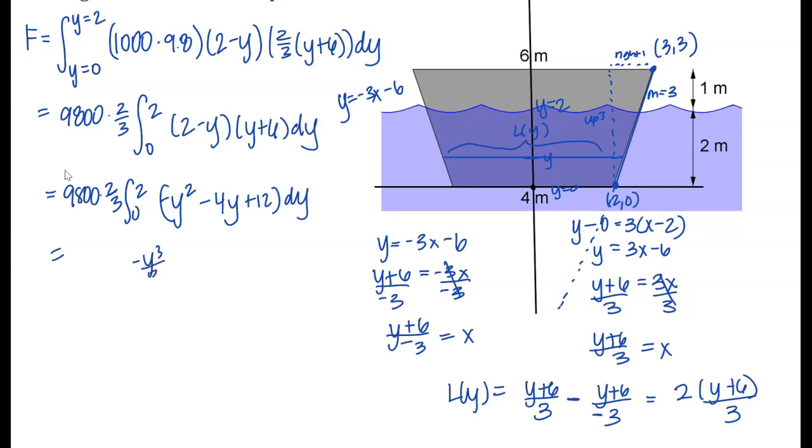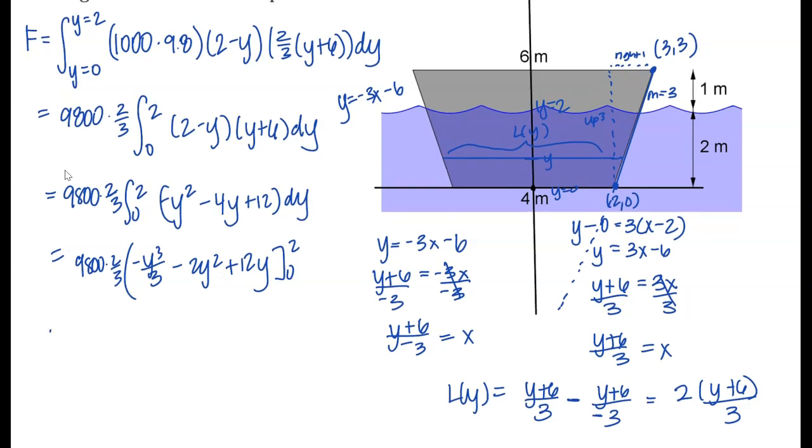So negative y cubed over 3 minus 2y squared plus 12y from 0 to 2. All of that's multiplied by 9,800 times 2/3. So if we plug in the 2 and then plug in the 0, which doesn't do anything, and we multiply it all together, we end up with approximately, this is not an exact answer, 87,111. So now let's talk units here.